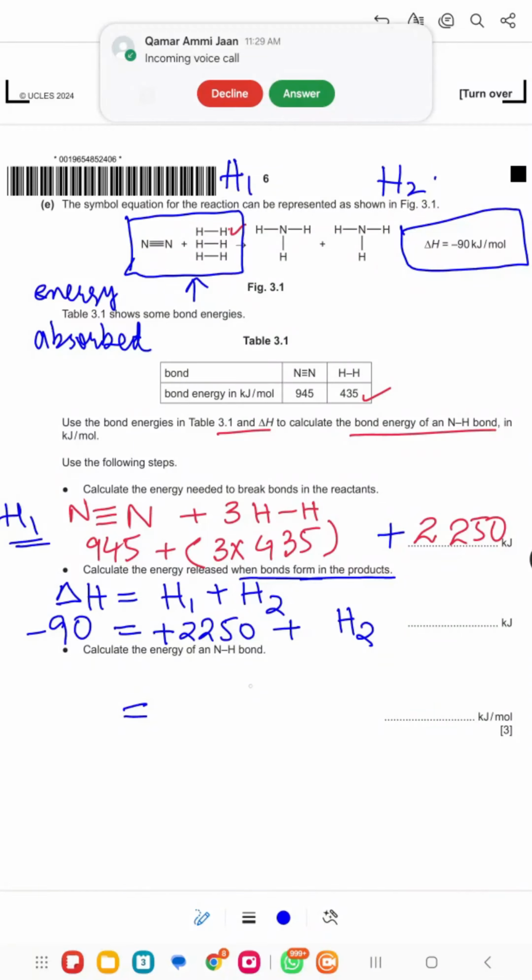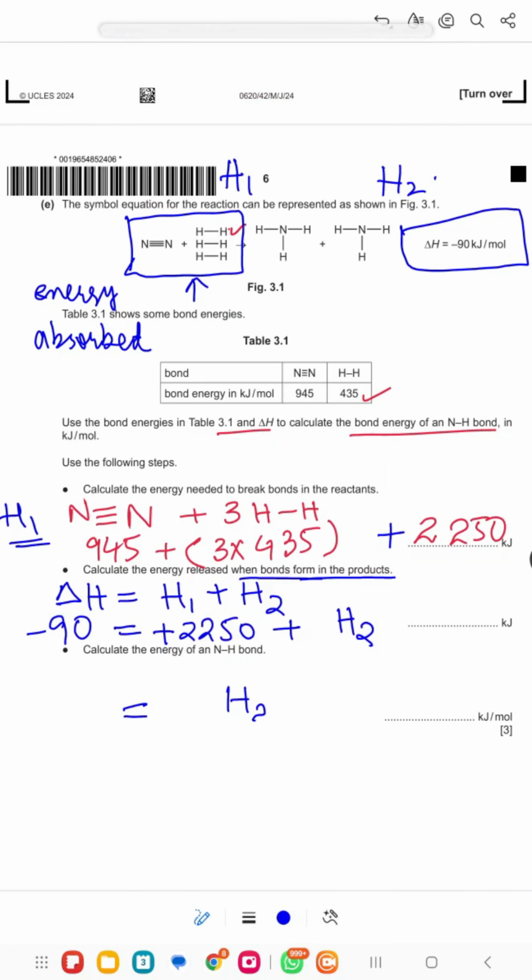So if we have to calculate the value of H2, we will move it here. By adding these values, plus 2250 plus 90, we can calculate the value of H2, that is the bond energy of N–H, and the answer is 2340.